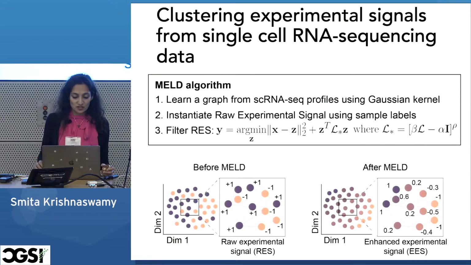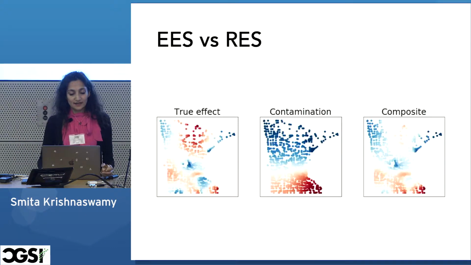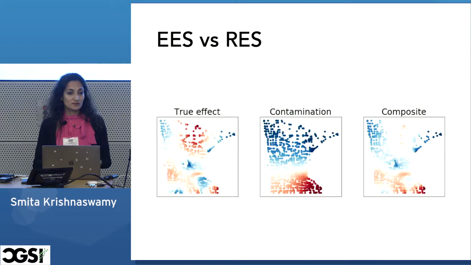Instead of a fixed low-pass filter, we're trying to recreate the signal if it naturally varies a little bit as much as possible while eliminating noise and taking point density estimates of it. You can solve that optimization in several ways. You can have this true effect, you can have an added contamination, and you'll get a composite effect. But when you filter out the contamination, you should get the true effect back.